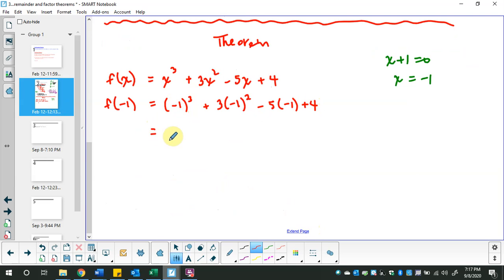So negative 1 cubed for me is negative 1, plus 3 times negative 1 squared is positive 1. Negative 5 times negative 1 is positive 5, plus 4. So negative 1 plus 3 plus 5 plus 4 is equal to 2, 7, 8, 9, 10, 11.